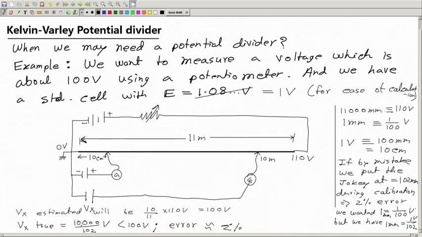Okay. This is because we have the full length equal to 110 volt, so 1 volt is within a very small distance, and we can make a mistake in setting this jockey.